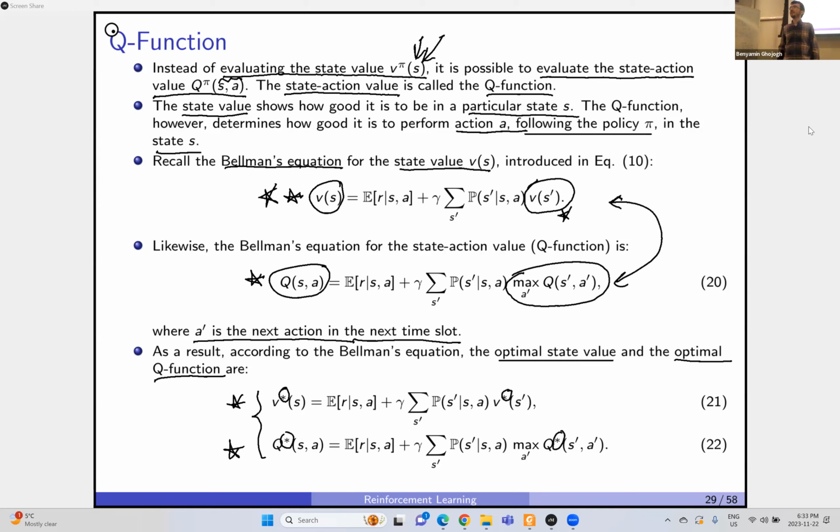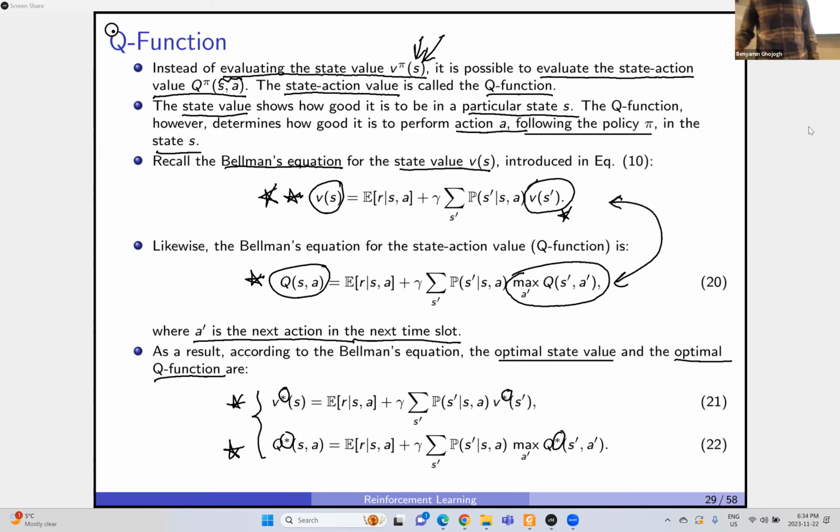What about action? Action is another essence, right? There are two things that have the essence or dimension of action. One of them is action itself, A. The other one is policy, because the input of policy is state and the output of policy is action. The policy says in this specific state what action I should do.